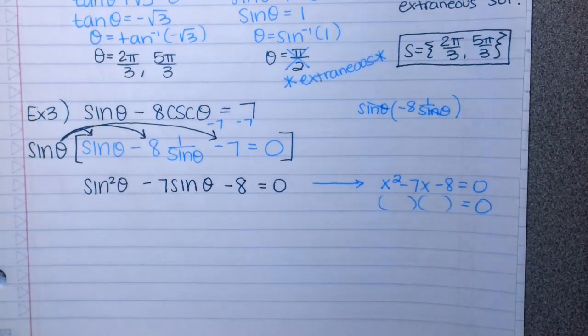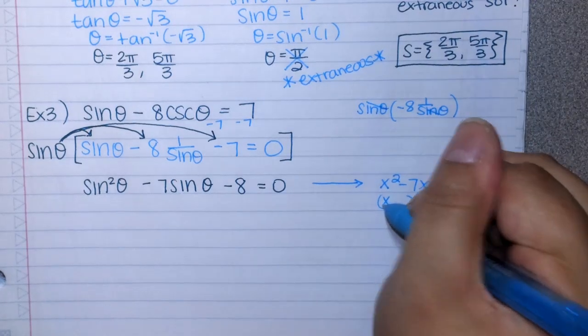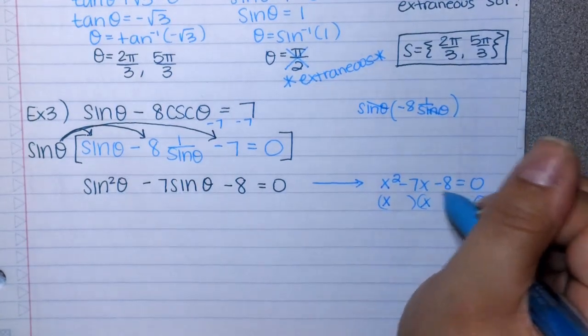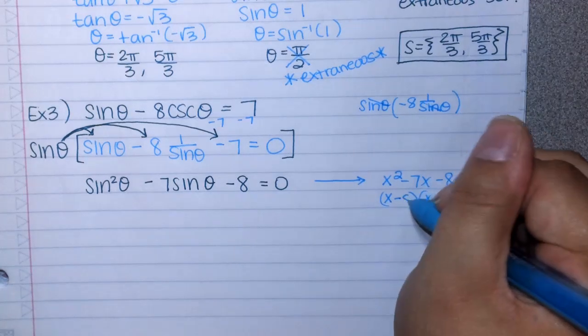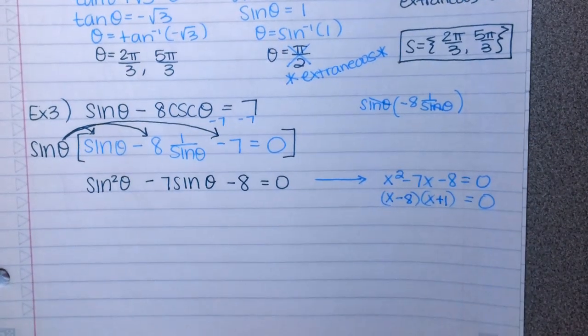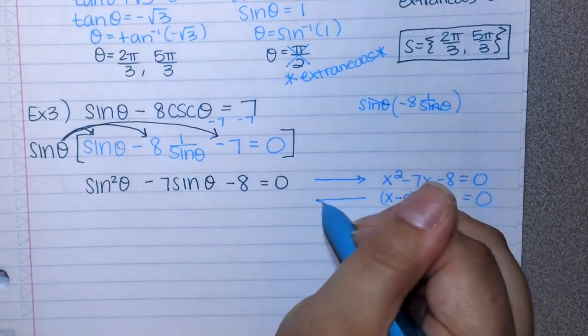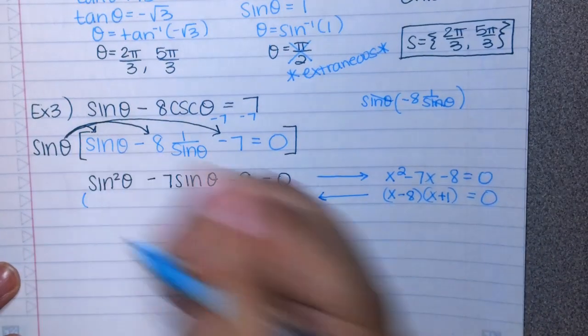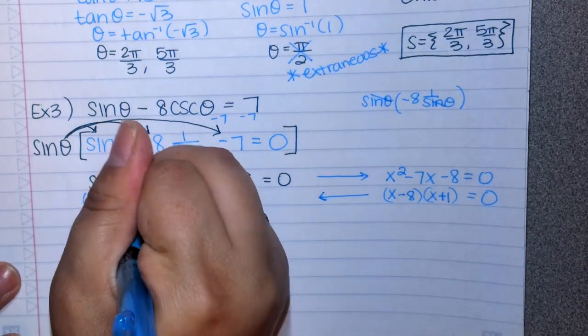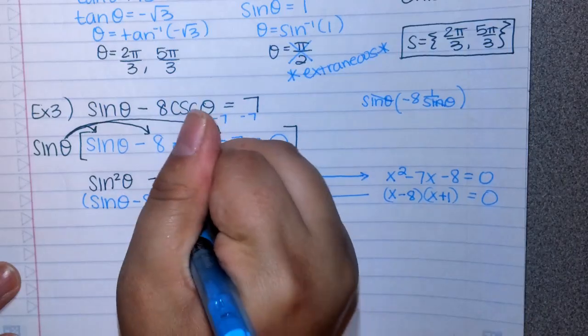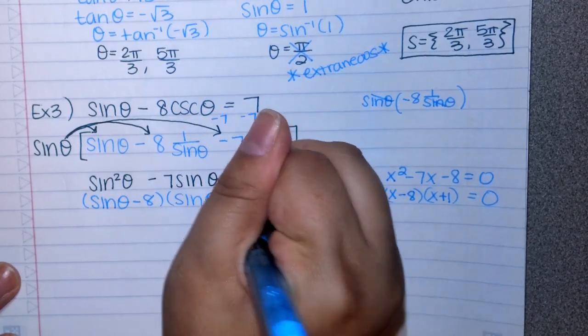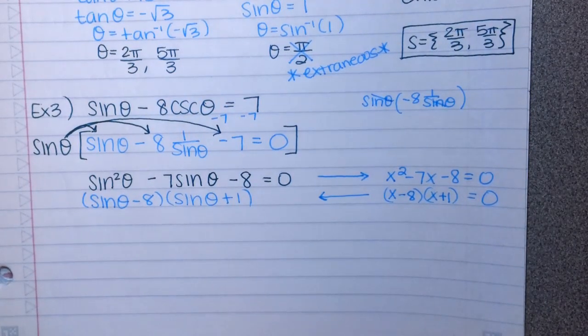How does this factor out to? I need to know factors of negative 8 that add up to negative 7. So negative 8 plus 1. So coming back, I get the sine of theta minus 8, the sine of theta plus 1. I will count off if it looks like this. It needs to equal 0.